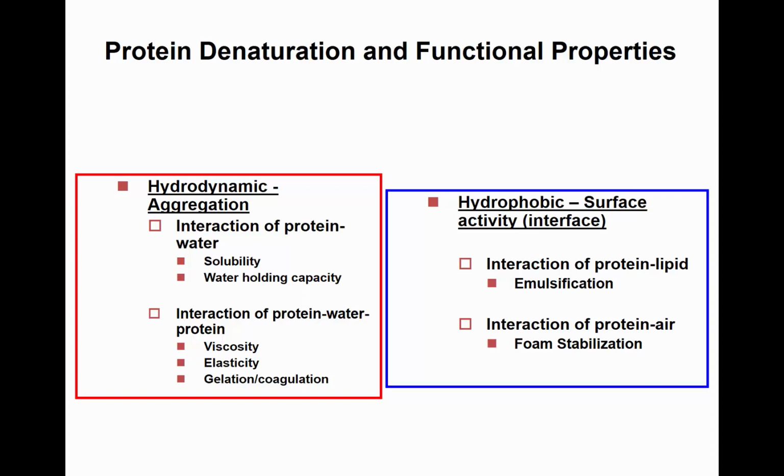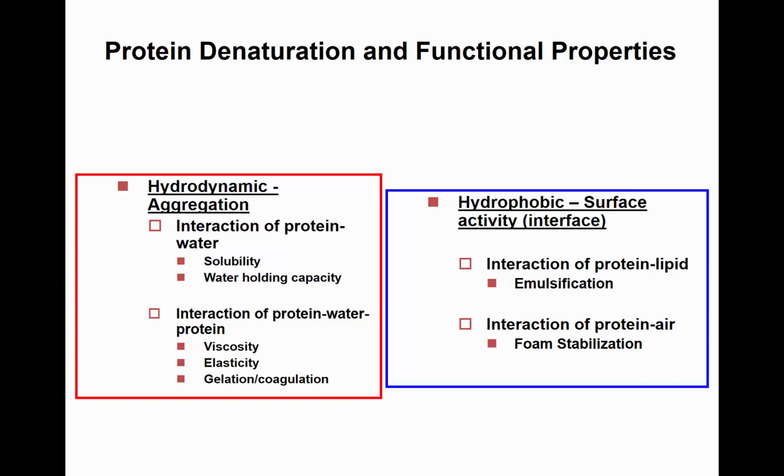The functionality that represents interaction with water is solubility and water holding capacity. I will define water holding capacity in a minute. Interaction of protein with protein impacts the viscosity of the system, like sauces, for example, or muffin batter, which needs to have a certain viscosity.